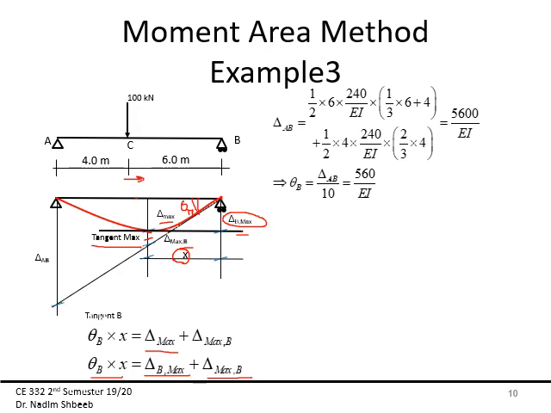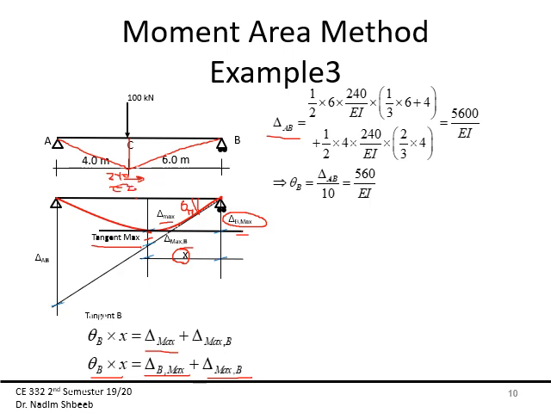So theta b, I'm going to get that from delta AB, which is the vertical deviation from point A on the elastic curve measured from the tangent at B. And again, let me redraw the moment diagram. So again, this is 240 over EI.